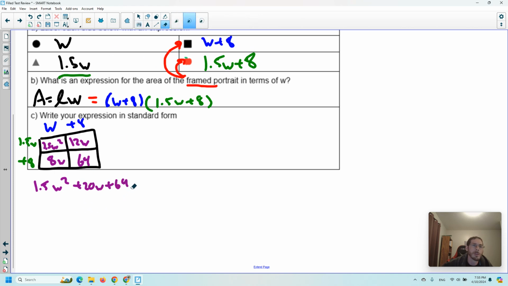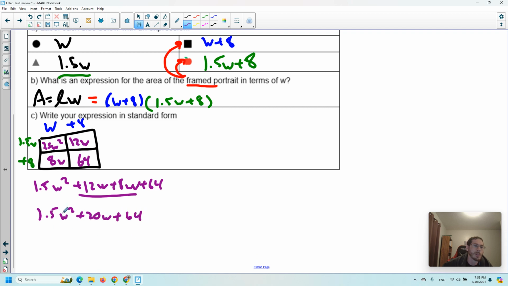Oops, I went one step too quick. I jumped right to the answer. 12 W plus 8 W plus 64, and then these two do combine. 1.5 W squared plus 20 W plus 64. Squared is the highest, which makes sense because that's an area. If we think like square feet or square inches, it makes sense that squared would be the highest.